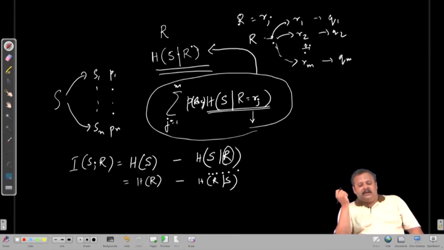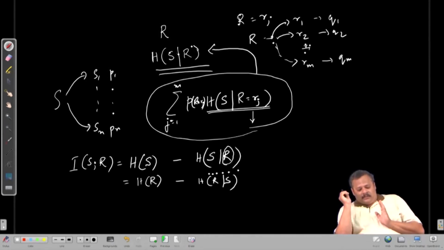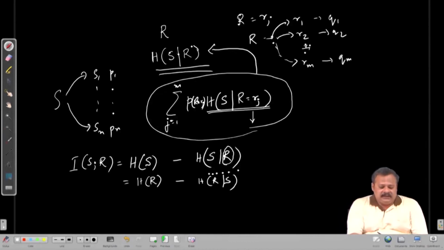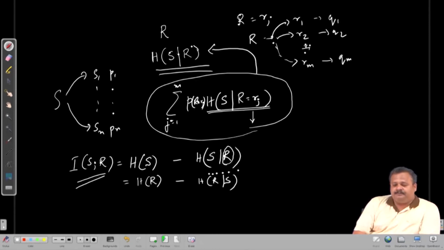That is basically the dependence between S and R, and the quantification of this dependence is done by this reduction in uncertainty, or mutual information I of S and R.